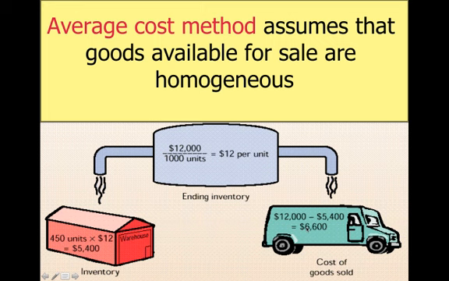That's pretty simple actually. We could take the 1,000 units that we had minus the 450 that we have left, which means we sold 550. So 550 times 12 should equal 6,600. Let's test that out.